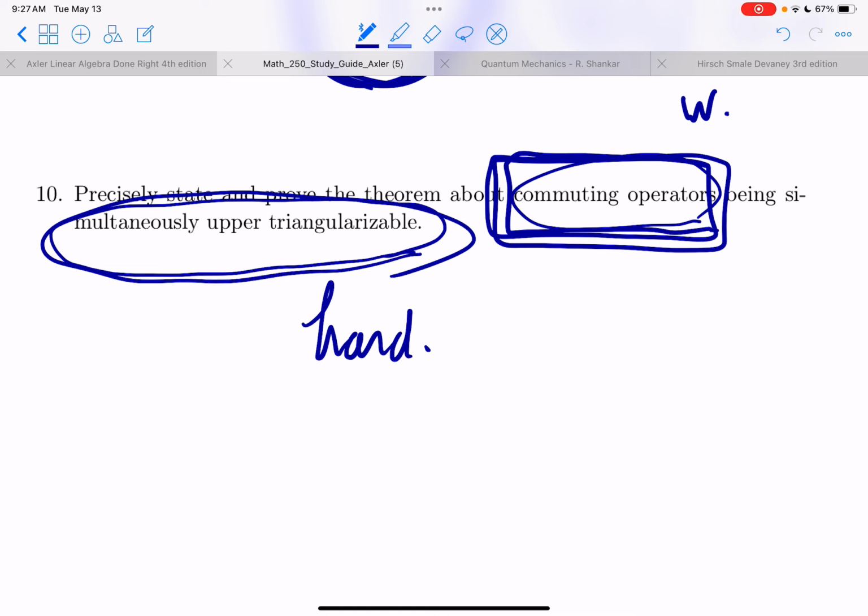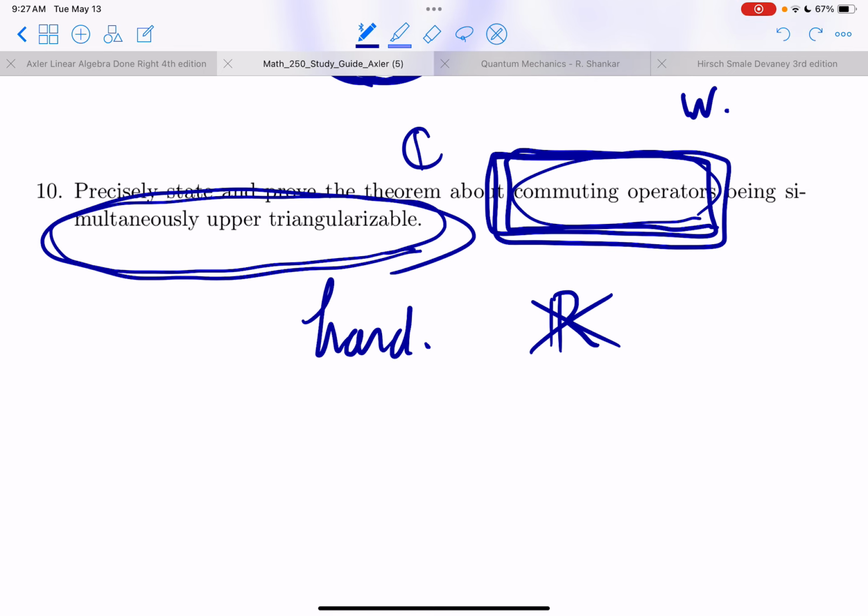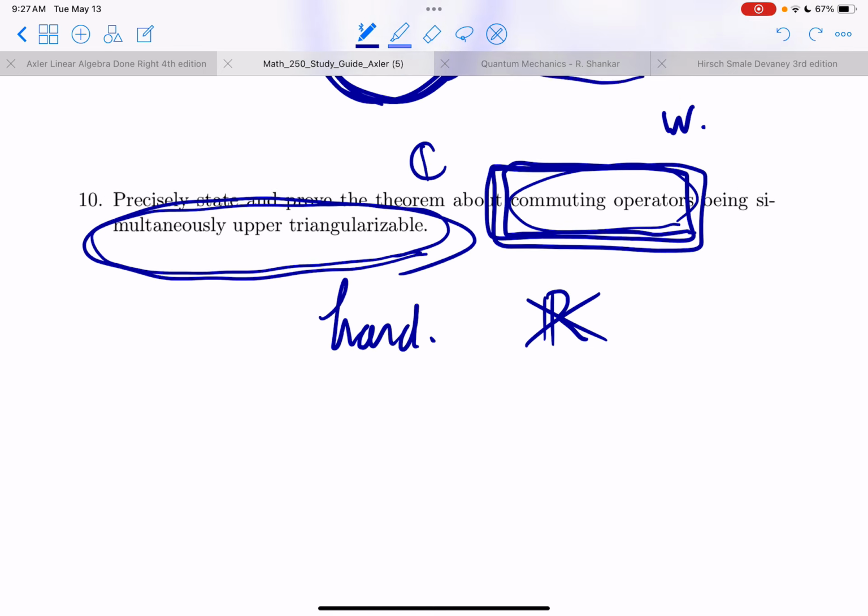Okay. Now we know that any operator on a complex space is upper triangularizable, right? So this is on a real space. Not every operator is upper triangularizable. So I think this theorem is going to require the complex numbers, and the proof is a bit hard. So I want you to read this theorem and see if you can understand it.